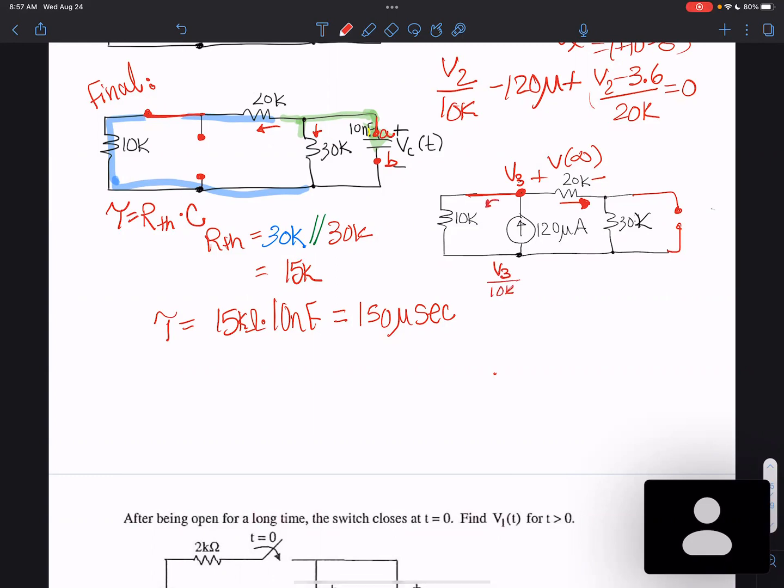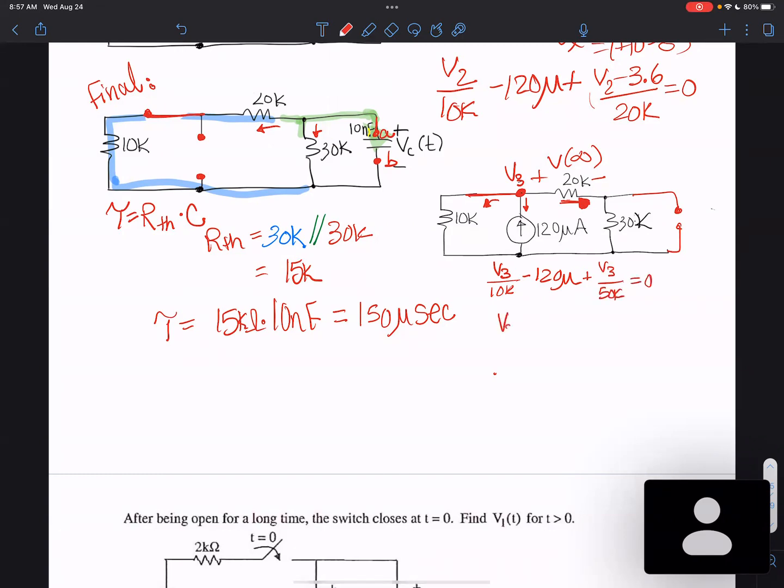would be this branch. What would be this one? Yep, minus 120 micro. And then this branch, V3 over 50K.